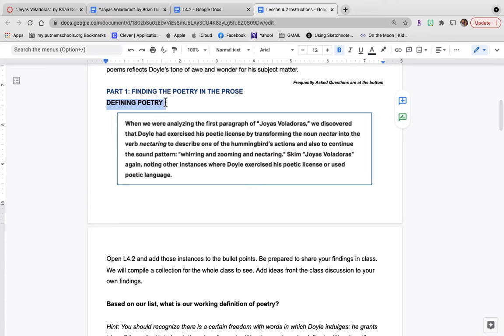So we need to define poetry to a sense. And I know y'all can easily go look up the word poetry, but we want a working definition of poetry based off what we see from Joyous Veladorus.